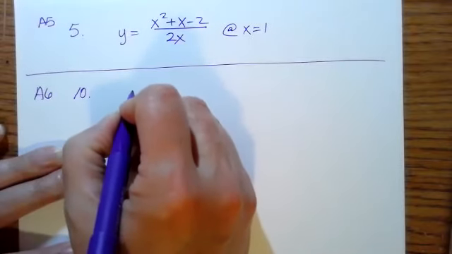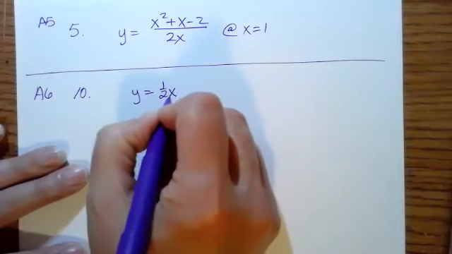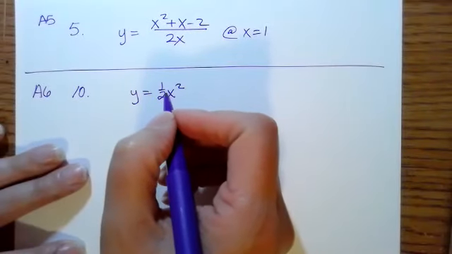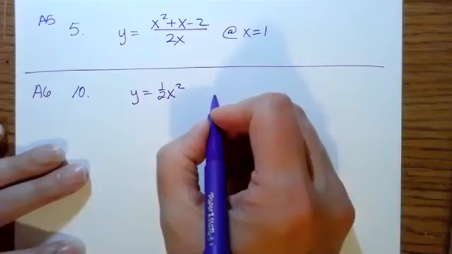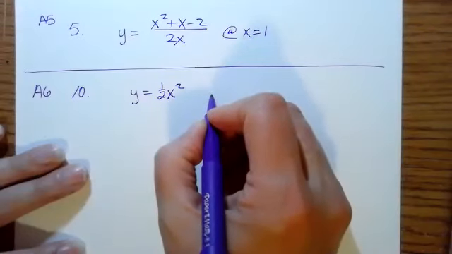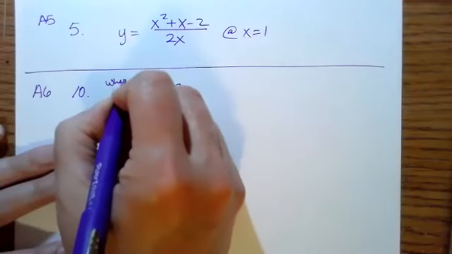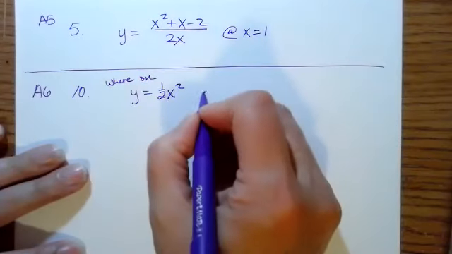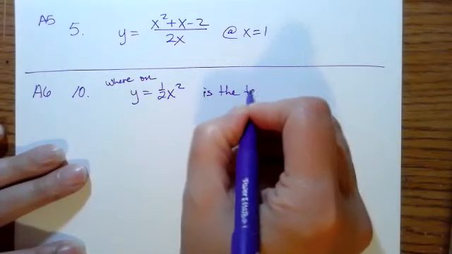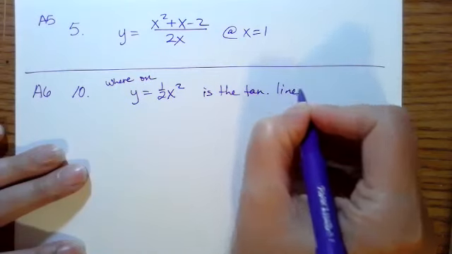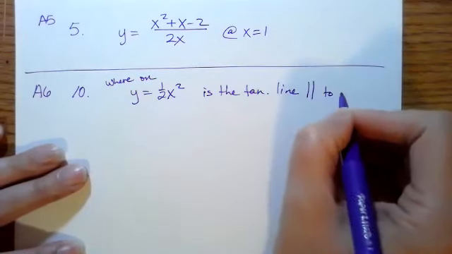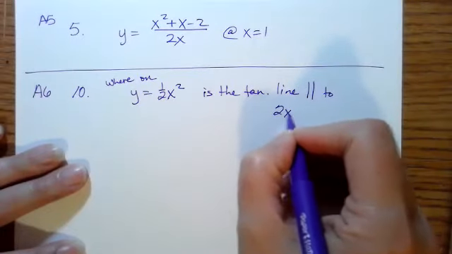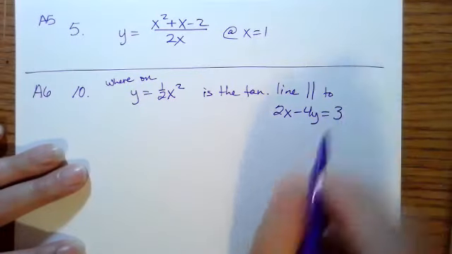So at what point on the graph of y equals 1/2 x squared is the tangent line parallel to the line 2x minus 4y equals 3?